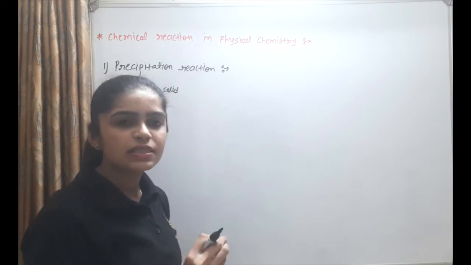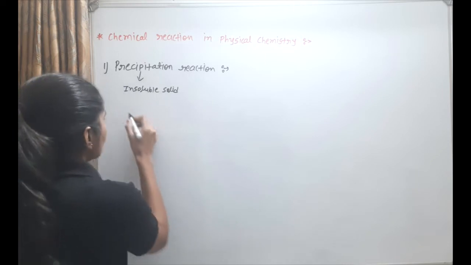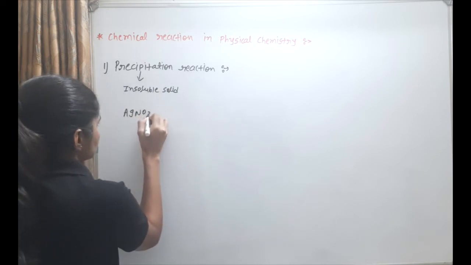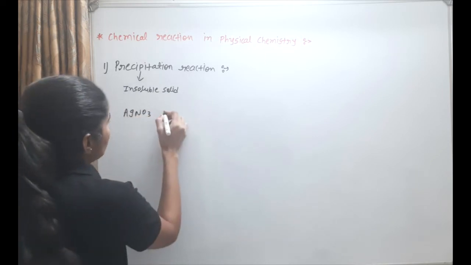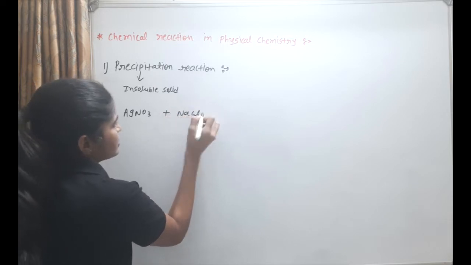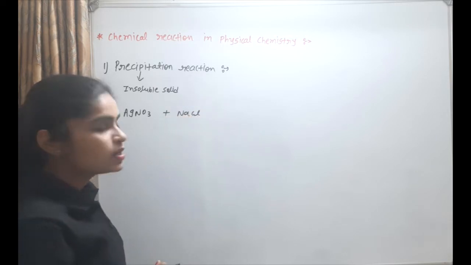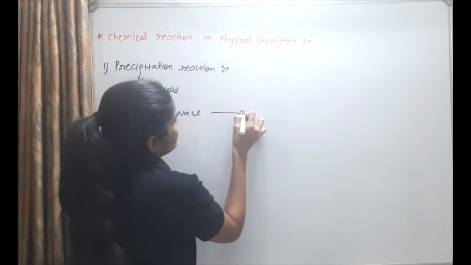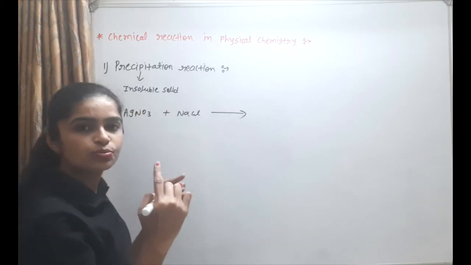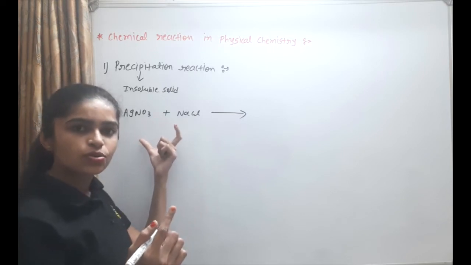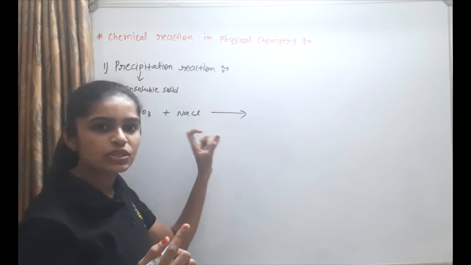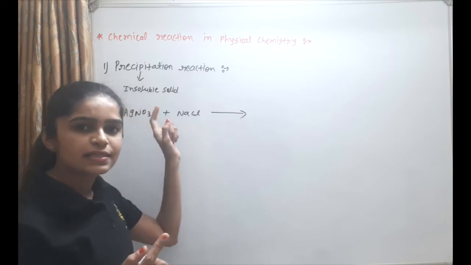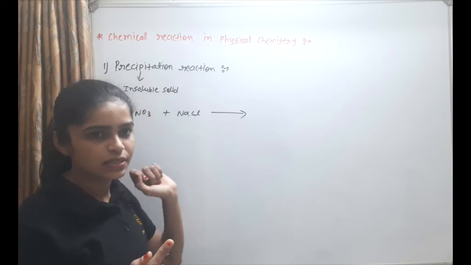For example, consider two soluble salts, AgNO3, which is a soluble solution, and NaCl, which is also a soluble solution. When these two soluble salts are mixed together, they give an insoluble salt. This reaction is known as the precipitation reaction.